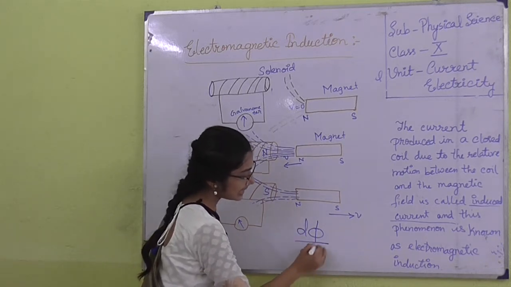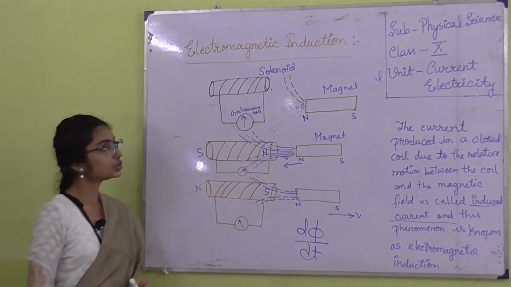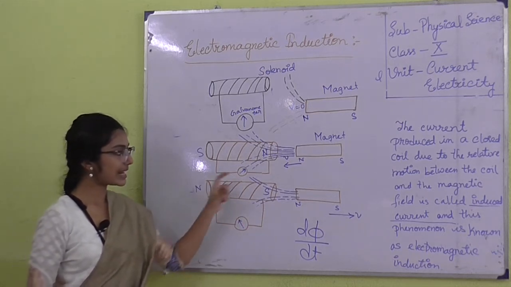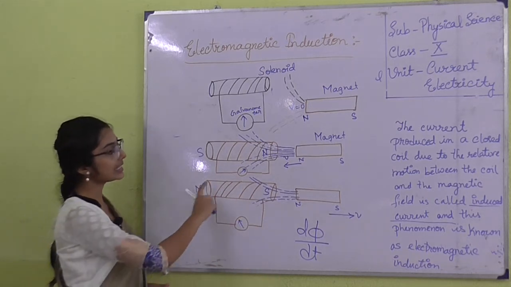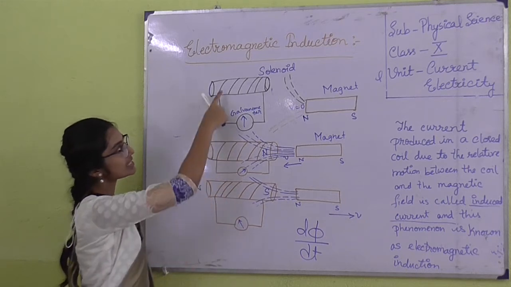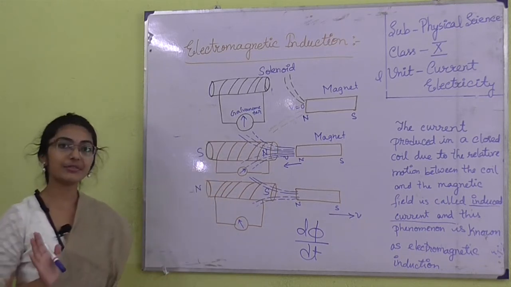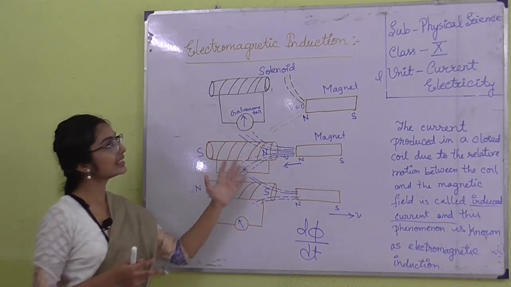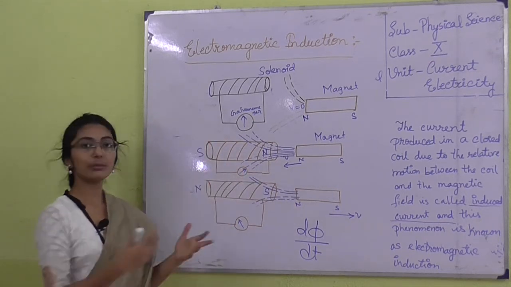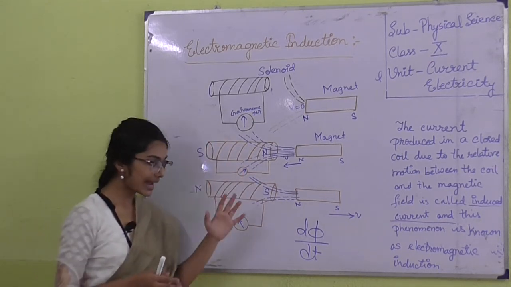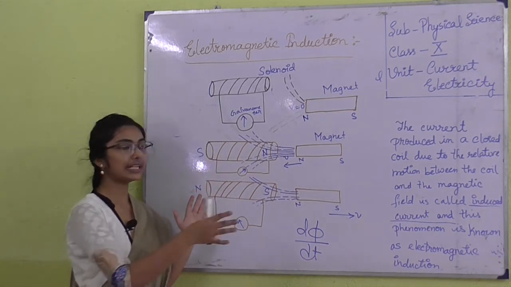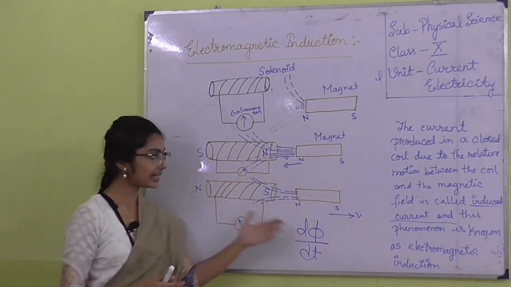Magnetic flux, d phi by dt, depends on two factors. One factor is the number of turns present in the solenoid. If the number of turns in each solenoid is 5, and I change both the number of turns and the motion of the magnet, then the result will be different. So magnetic flux depends on the number of turns and the relative motion between the magnet and the solenoid.